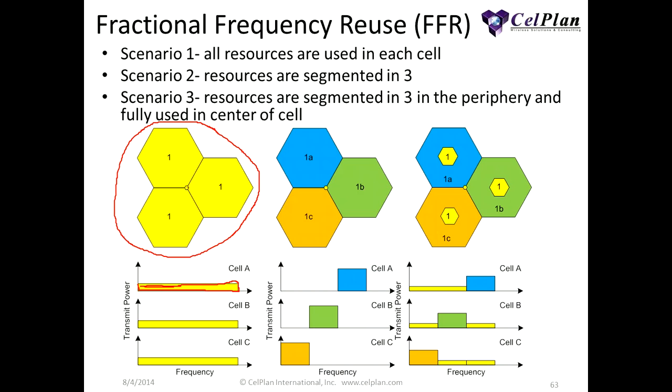So basically what happens here is that I divide my power between all the resources in a cell. So the power per resource is low because I have to divide between all of them. But of course I will have a lot of interference, and I will replace the reuse by repetition.